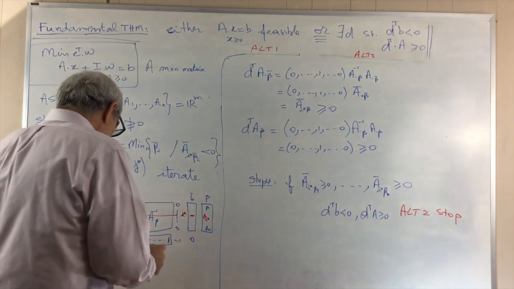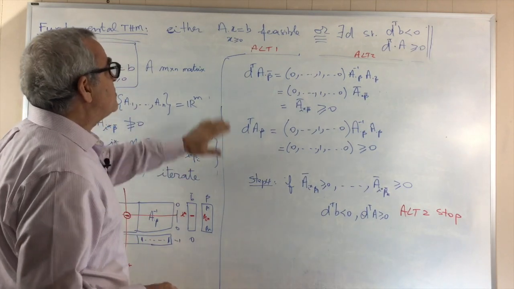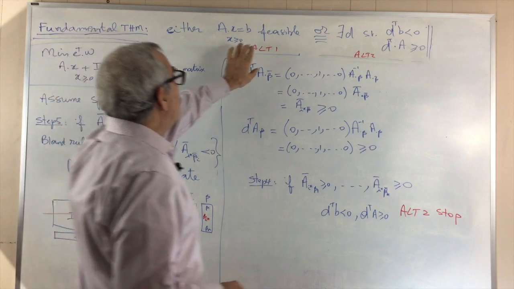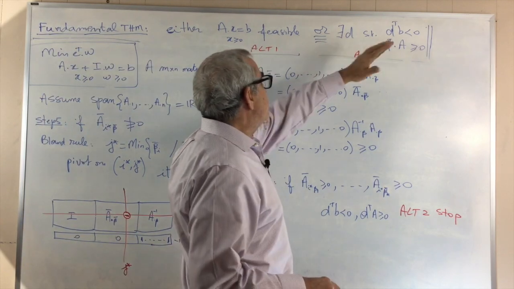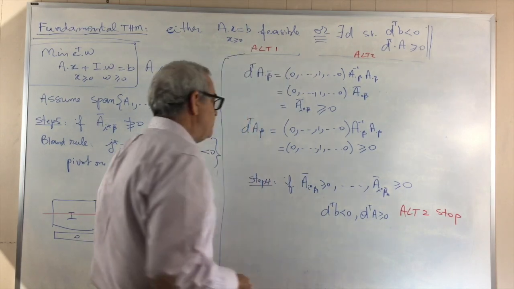Now we can say more from this proof. We can say more about this theorem. When it's infeasible, there are many D's that satisfy this set of equations.